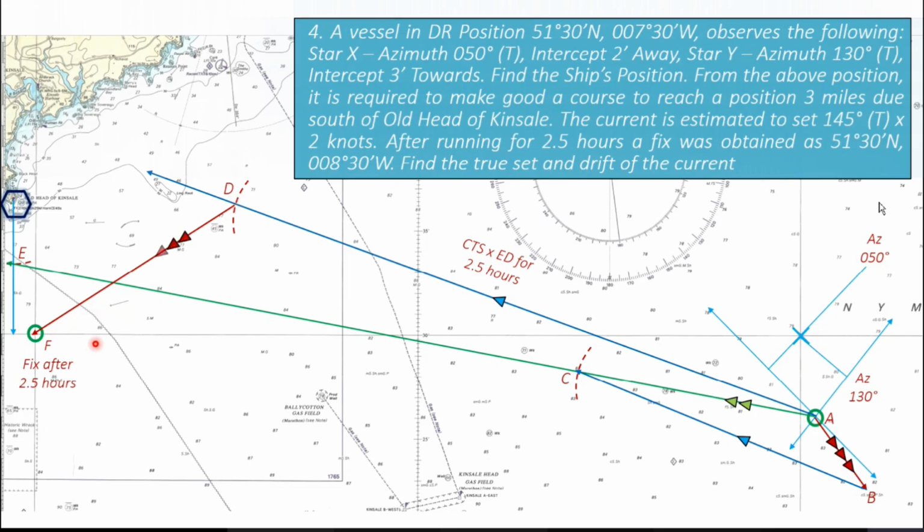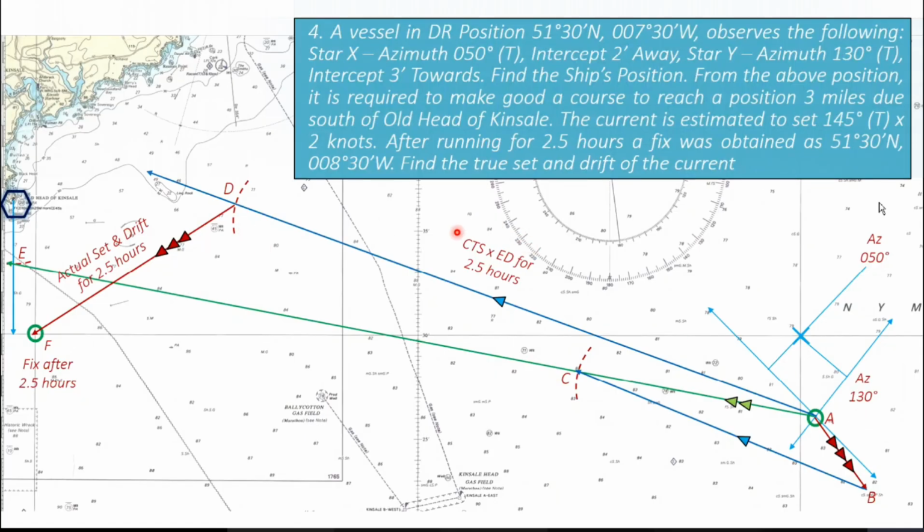So this delta to foxtrot basically gives me the set and drift of the current for the same duration, that is 2.5 hours. So delta to foxtrot is the actual set and drift of the current which we have experienced. So delta to foxtrot is the actual set and drift for 2.5 hours.